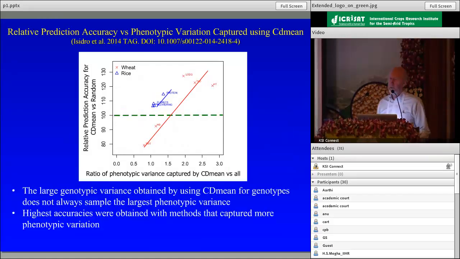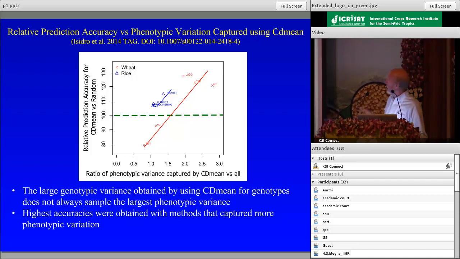But we wanted to try to understand why the CD mean did not perform as well for those two traits. And when we looked at the phenotypic variation captured by the CD mean, as shown along here, versus the phenotypic variation for the entire data set, what we found was that the prediction accuracy was reduced for these, and they captured less of the phenotypic variation compared to the other traits that performed better with the CD mean.